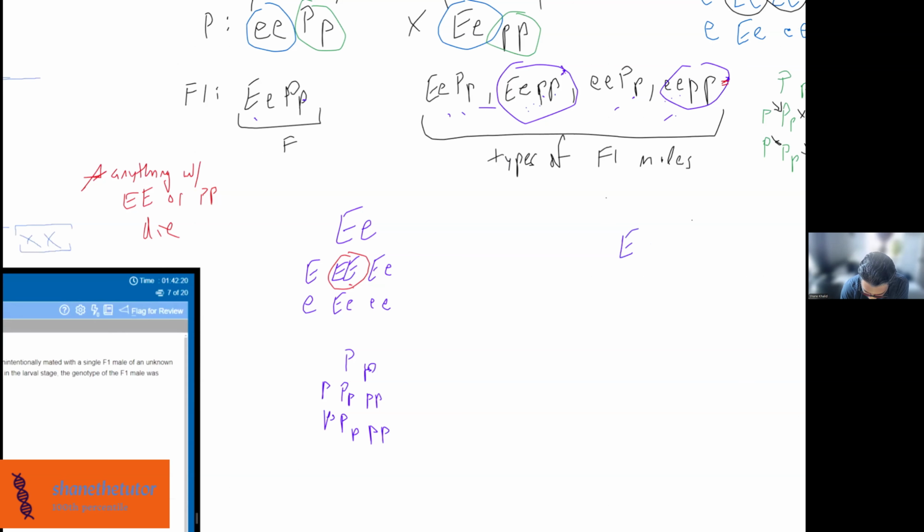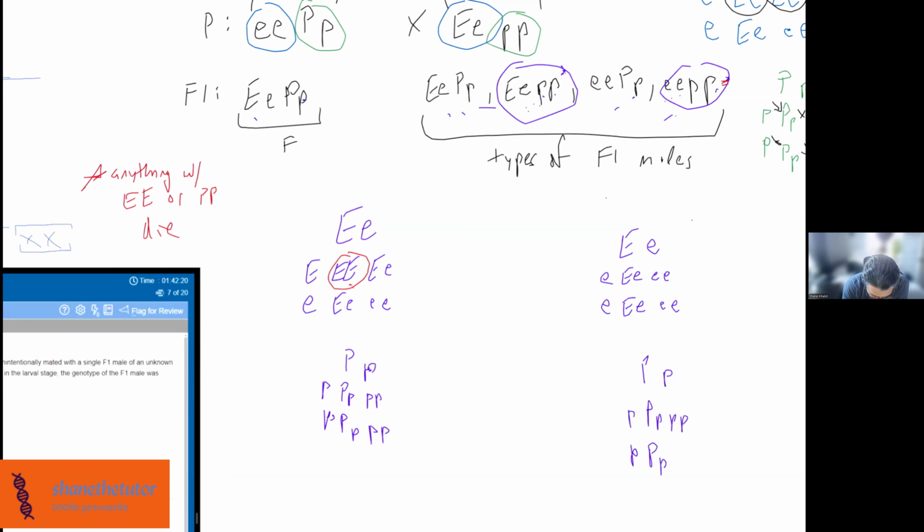Little e from the female, little e from the male. So big E, little e, little e, little e. Big E, little e, little e, little e. And then the female, big P, little p, and this male, little p, little p. So that's big P, little p, little p, little p. Big P, little p, little p, little p.